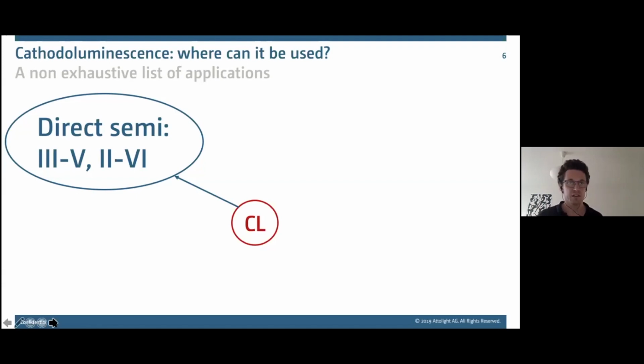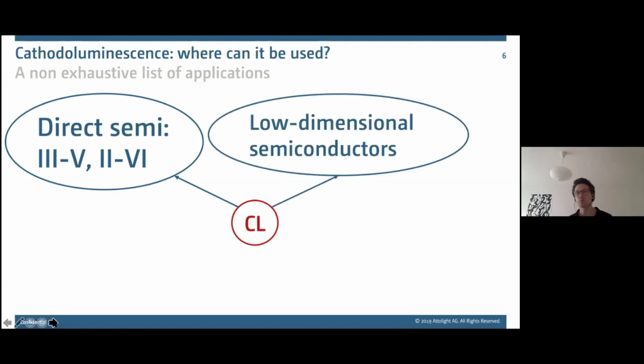So this is really where it's at. Now, these materials are more and more made into low-dimensional semiconductors. I'm not yet talking about 2D materials, but nano and micro wires and things like that. This is quite a big topic too, like nano diamonds, this type of thing.